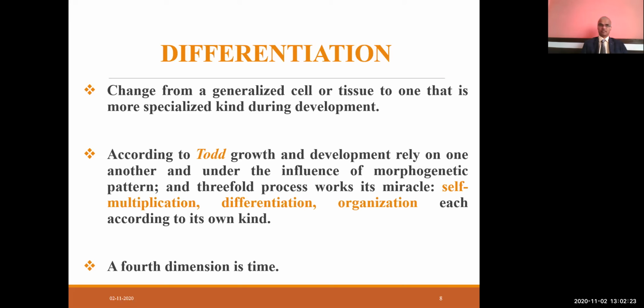What is differentiation? Differentiation is a change from a generalized cell or tissue to a more specialized kind during development. Like mesenchymal cells differentiate into various groups according to the requirements, the area where it is formed.